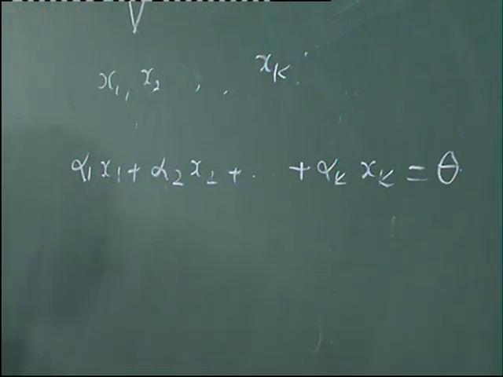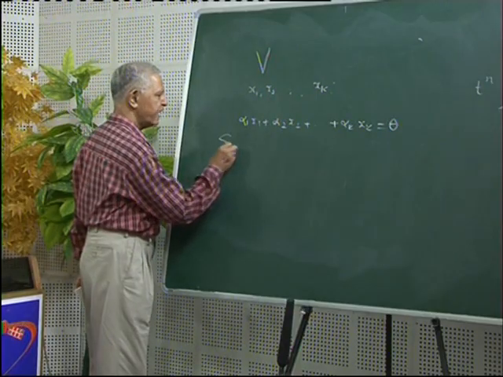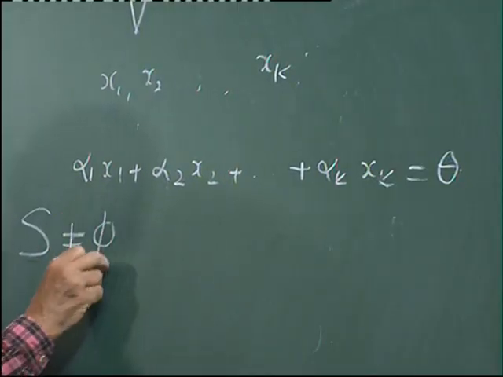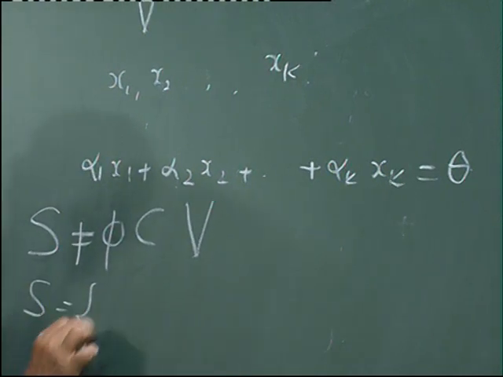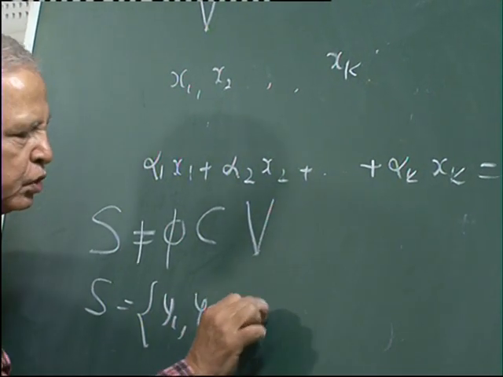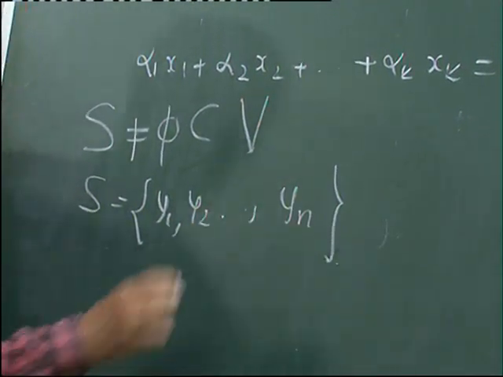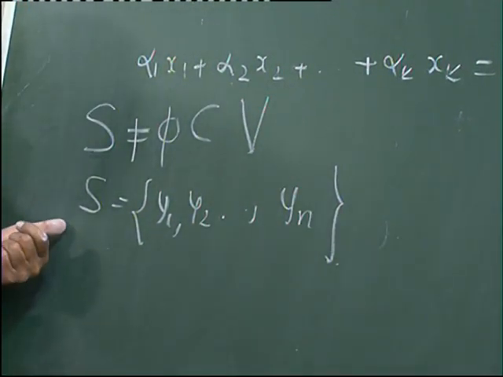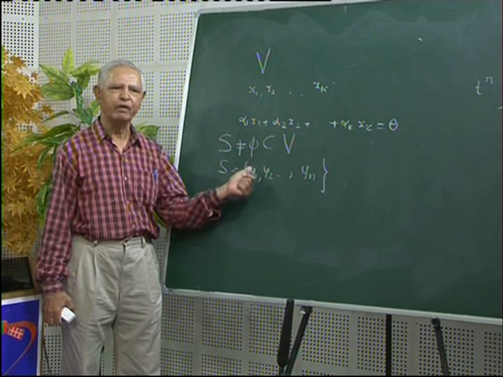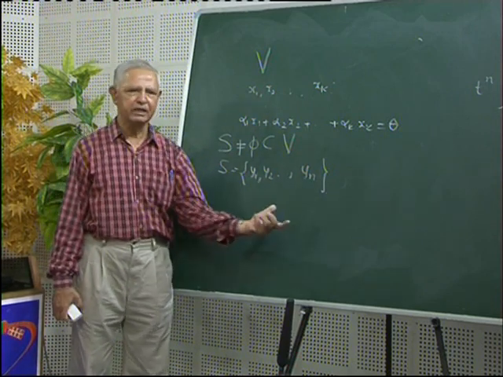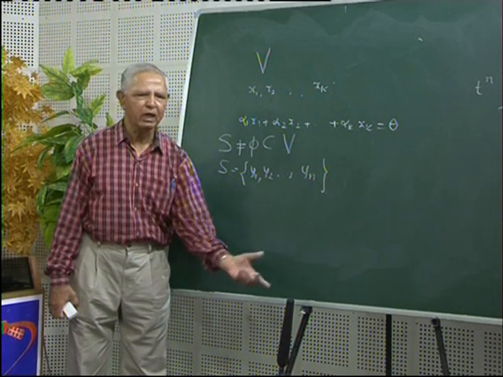Now we extend the definition of linearly independent and dependent vectors, and then we take one example. Suppose S is any non-empty subset of vector space V. If S is a finite set and S is equal to {y1, y2, ..., yn}, then we say that the set S is linearly independent or dependent according as the vectors y1, y2, ..., yn are linearly independent or dependent.